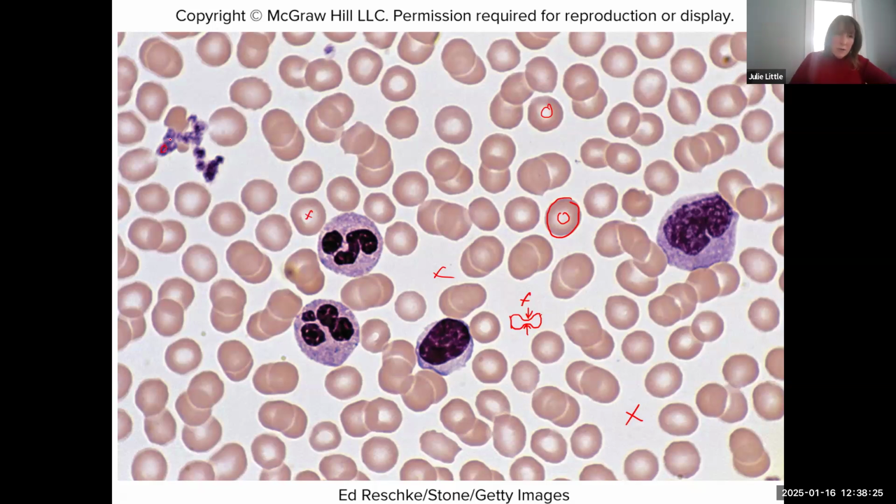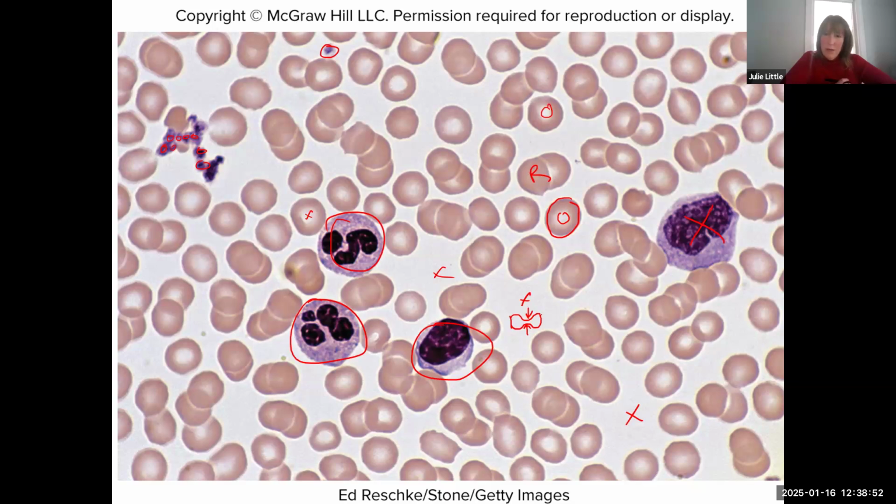These guys over here, there are a bunch of them clumped together, but these are all platelets. Here's a platelet. There's a fine example of what platelets look like right there. And then these guys are called red blood cells because they're red, right? And then these are our leukocytes, or white blood cells. Why are they called white blood cells if they have all this color to them? Well, they've been stained so we can actually see them.